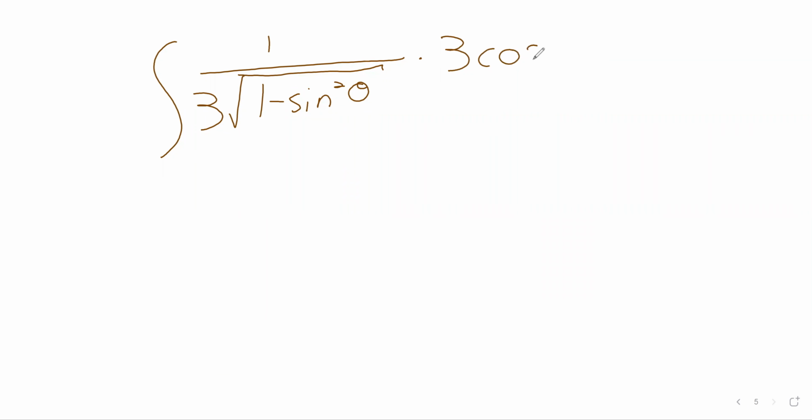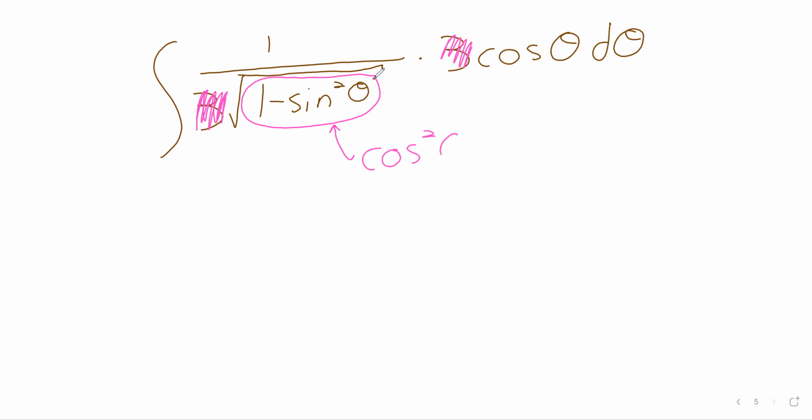Good Lord, but there's nothing I can do to make this problem be nicer than it is. This is just how trigonometric substitution works. Some stuff cancels, or at least this 3 and that 3 cancel. And 1 minus the sine squared of theta is the cosine squared of theta.